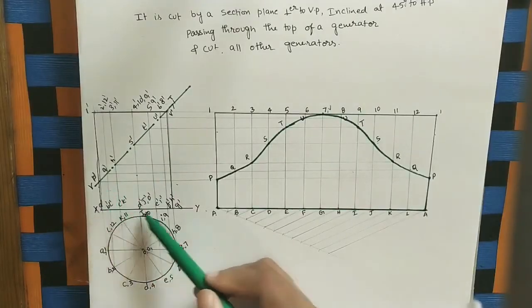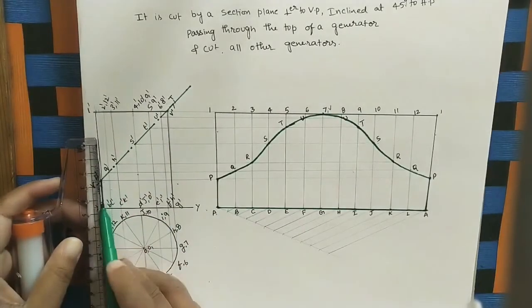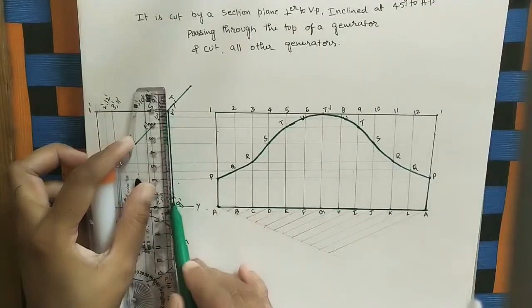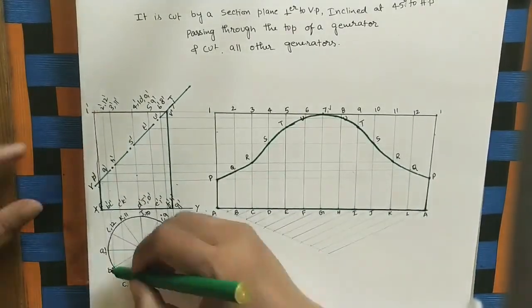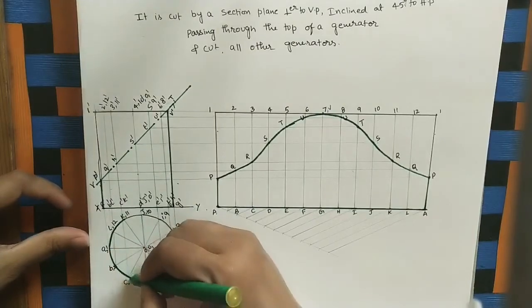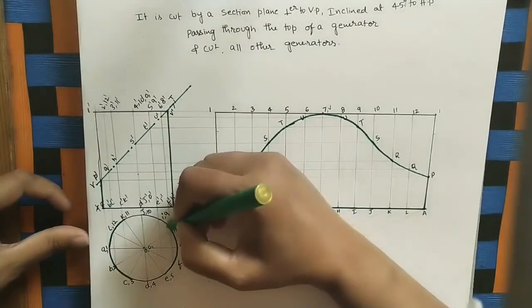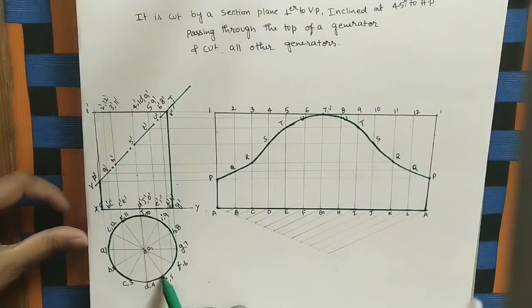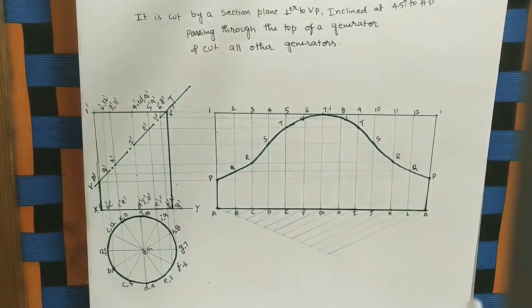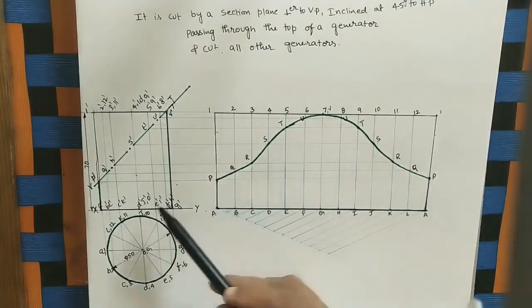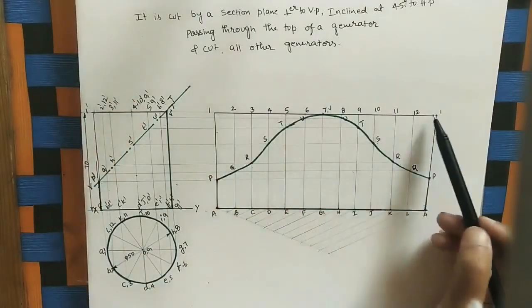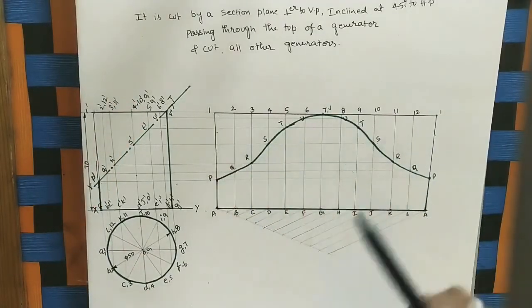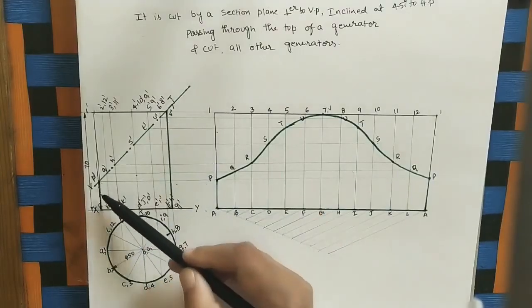Okay. Make this also dark. Now this is the development of this portion. Okay. And the remaining part, this part should be in light color. Okay. And here this part should be in dark color.